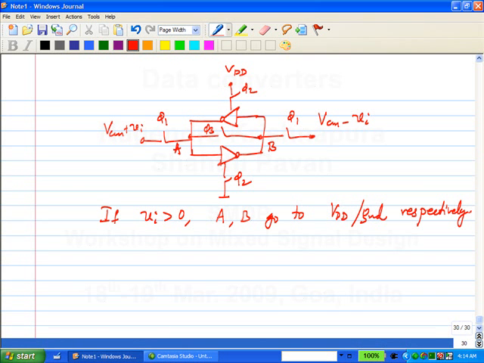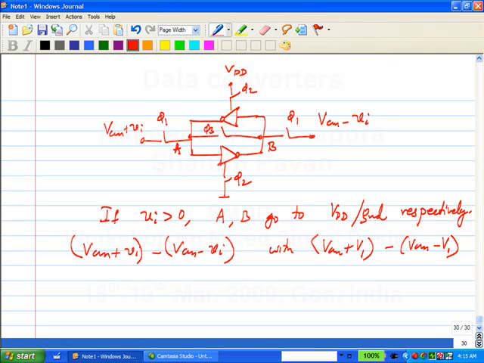Okay. But what we want to do is compare VCM plus Vi minus VCM minus Vi with VCM plus V1 minus VCM minus V1. So any ideas on how we might be able to do this?